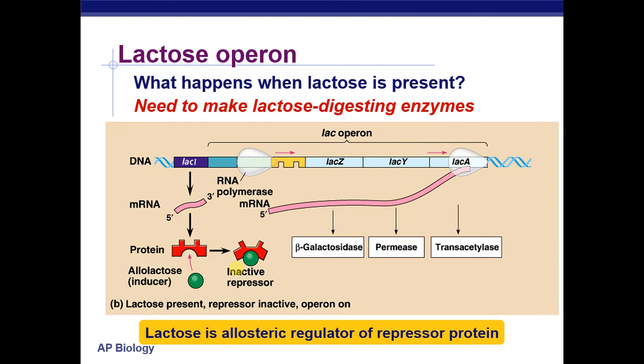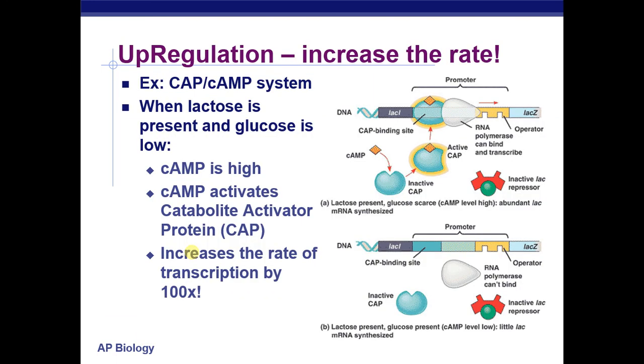So here's another example. In inducible operons, we call the substance that binds to the repressor, this time to inactivate it, the inducer. That's why it's called an inducible operon. So in these examples with lactose, we can upregulate or increase the rate of transcription by turning it on and off.